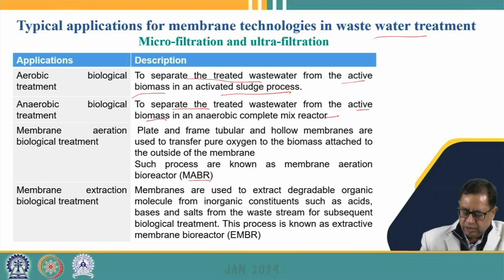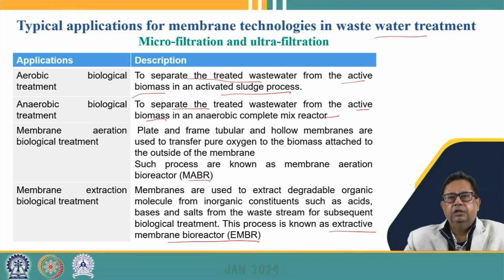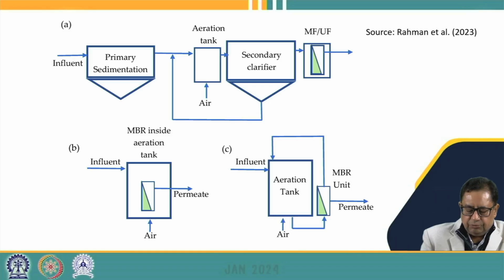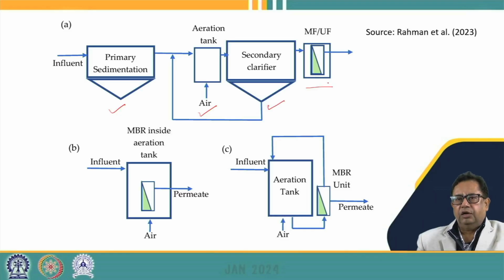Similarly, we can also have a process which is called the extractive membrane bioreactor, where we extract the organics from the inorganic constituents. Such type of treatment is called the extractive membrane bioreactors. So you can see here that we have the conventional process with primary sedimentation and the aeration tank, representing the activated sludge process. We have the secondary clarifier, and after that we can have the microfiltration or ultrafiltration.